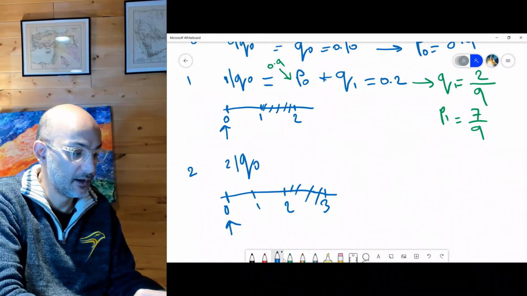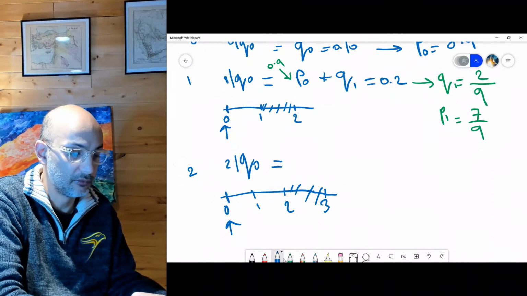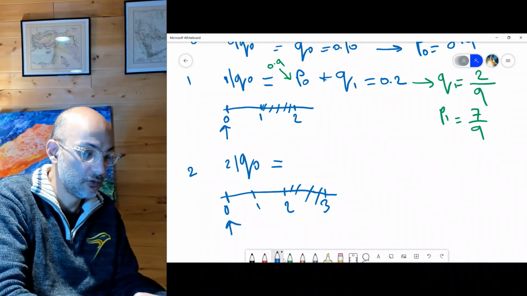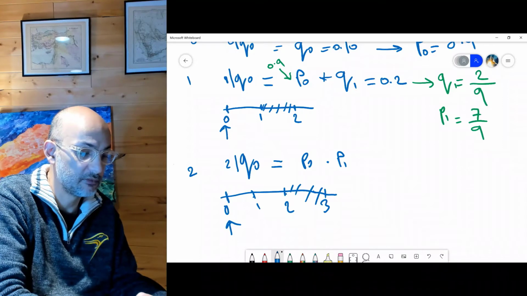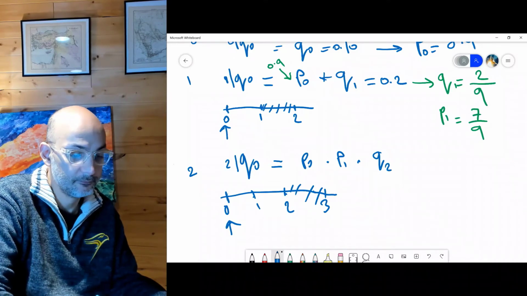You can write it this way: you survive 2p0. You survive p0, then multiply by p1, survive here, then survive here, and then death occurs between 2 and 3, so q2, right?